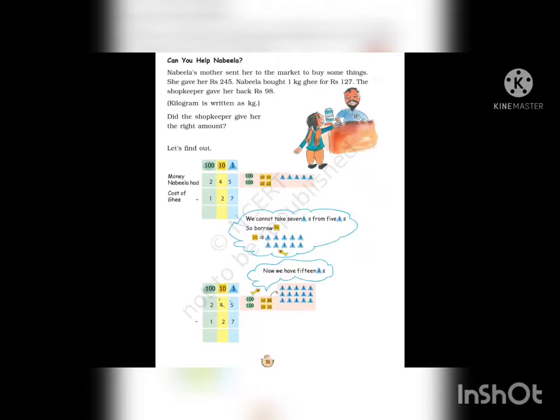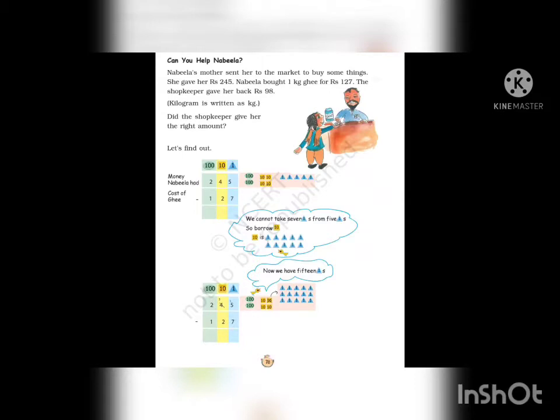So there is a girl Nabili whose mother sent her to the market to buy some things, and she gave her rupees 245. Nabili bought 1 kg of ghee for rupees 127 and the shopkeeper gave her back rupees 98. So did the shopkeeper give her the right amount?